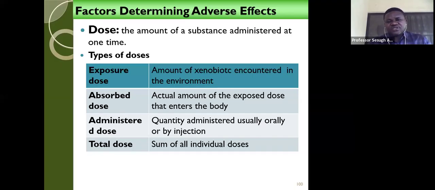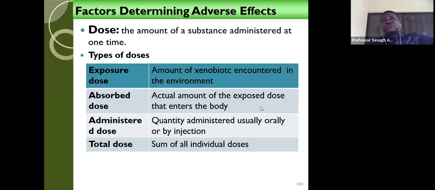So we have different types of doses. You have the exposure dose. This is the amount of xenobiotic encountered in the environment, the one that you get in contact with in the environment.